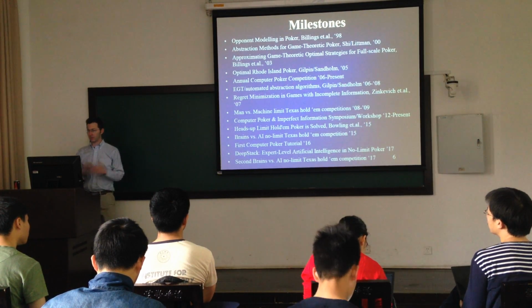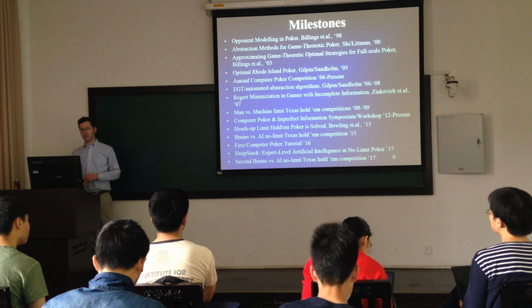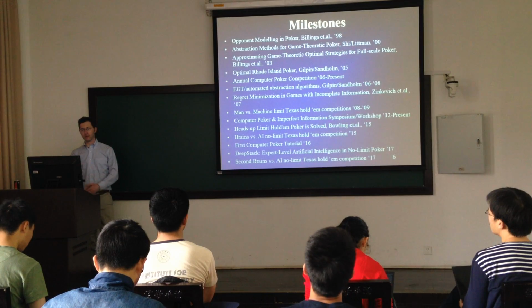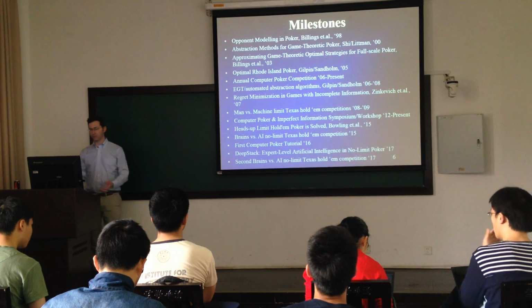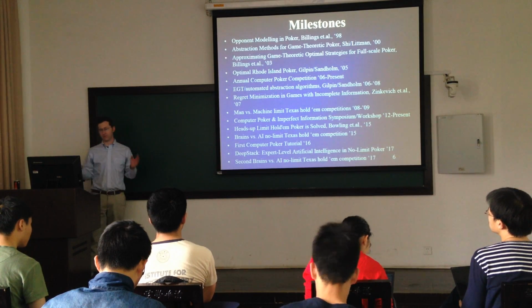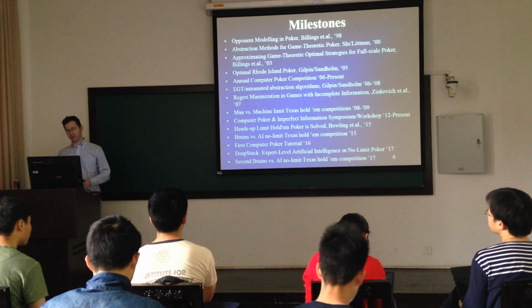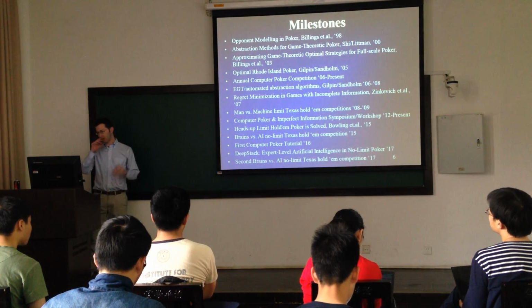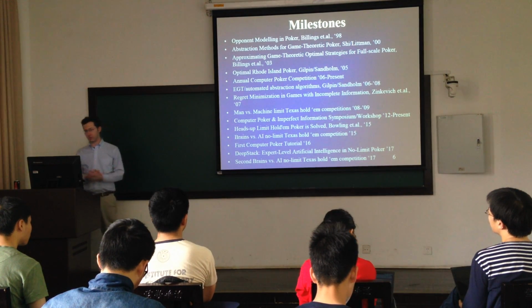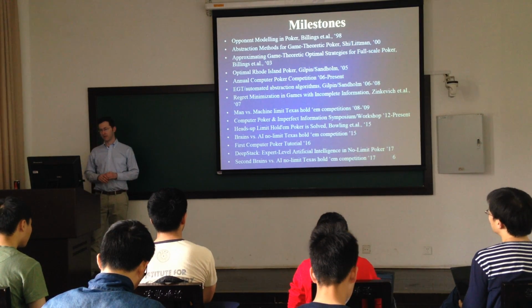Then starting around the same time, in '06 to '08, there was the development of a lot of new abstraction and equilibrium finding algorithms. There's one from CMU, this EGT, which stands for excessive gap technique, with these automated abstraction algorithms, and those were used to create CMU's agents, which did well in the competition consistently.